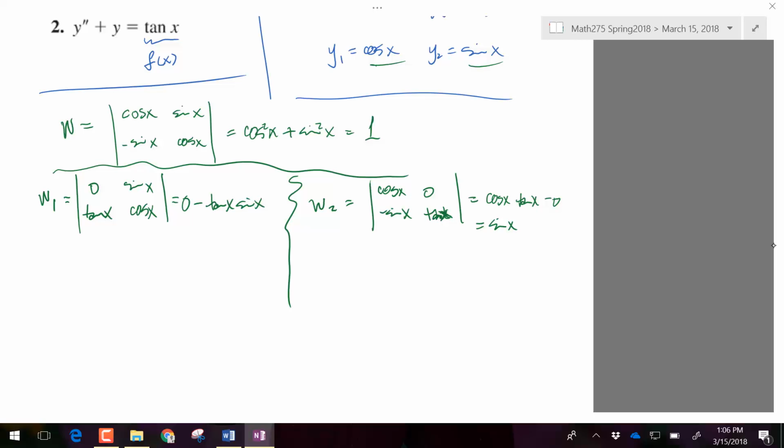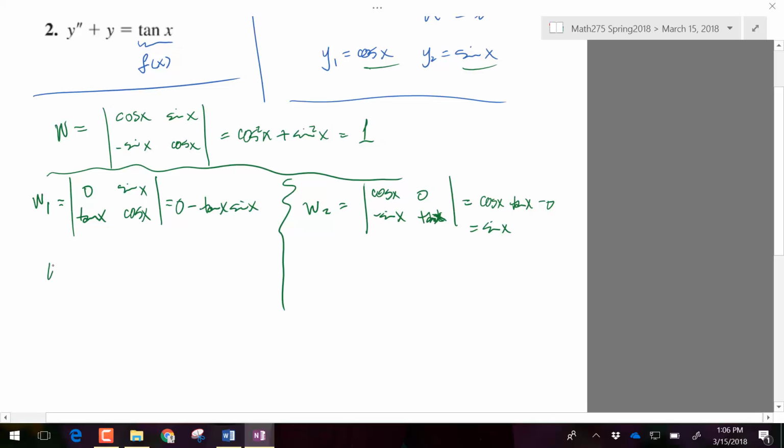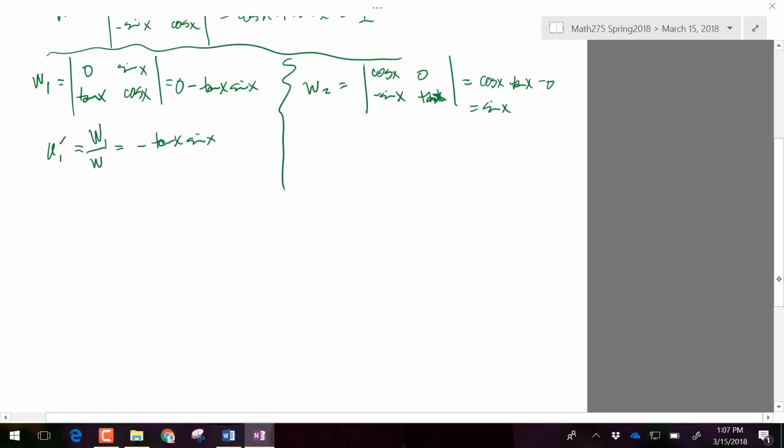Now we get to define our u functions through their derivatives. So the derivative of u1 is going to be W1 over W. So we're eventually looking for u1 and u2. We're going to first look at the derivative of u1. So this is equal to minus tan x sine x. If I know the derivative, I can just take the antiderivative to get the original u function.